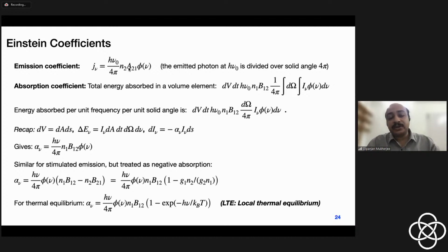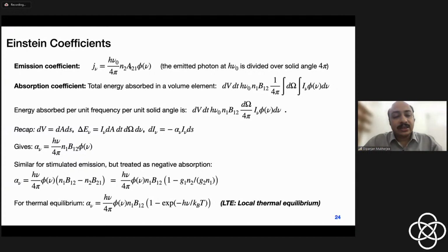And since this is per unit volume, we multiply by N2. We also multiply by the profile function, because the energy difference between these two levels is not exactly h nu naught, but there is a finite width at the top levels as well, which is given by a Dirac delta function. So the emission coefficient for spontaneous emission is just like this.